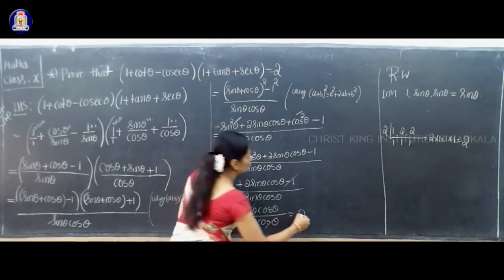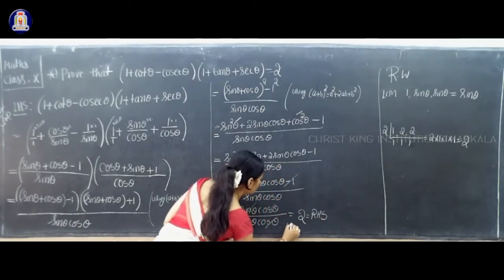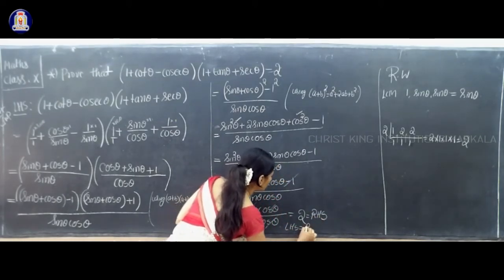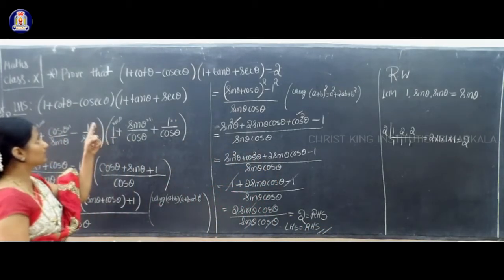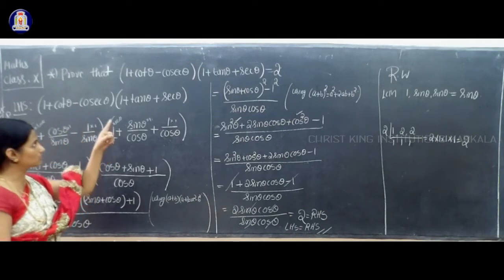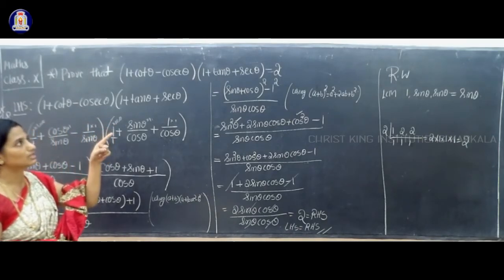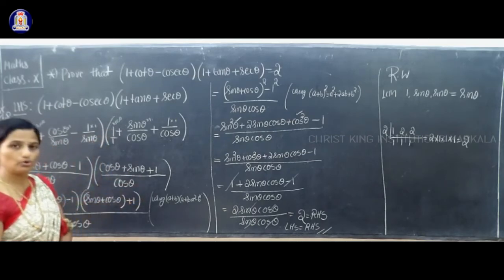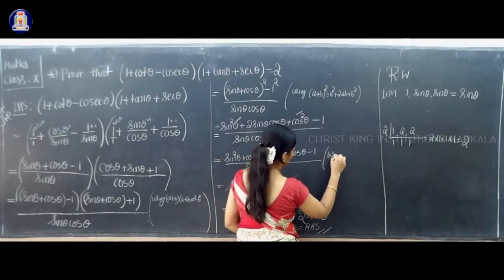That is equal to 2, which is equal to the RHS side. So therefore, LHS side is equal to RHS side. So therefore, conclusion: 1 plus cot theta minus cosecant theta into 1 plus tan theta plus secant theta is equal to 2.